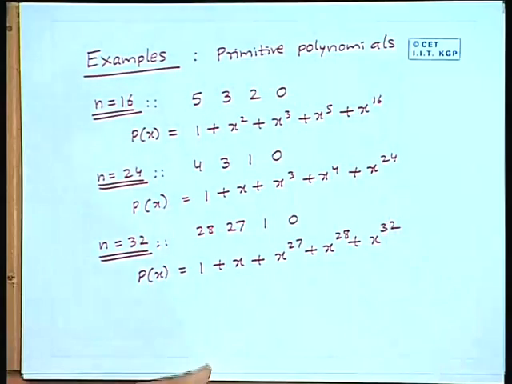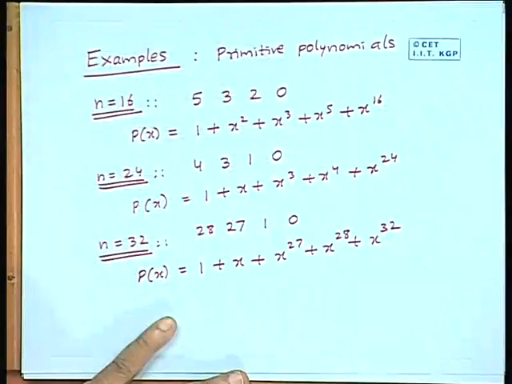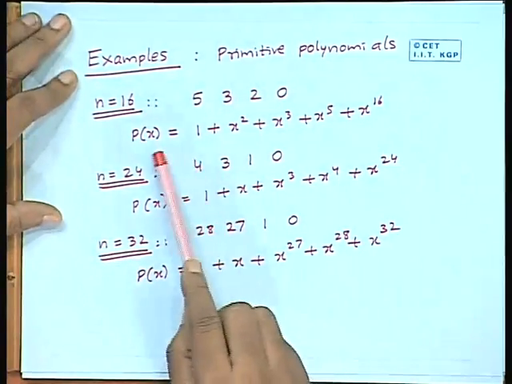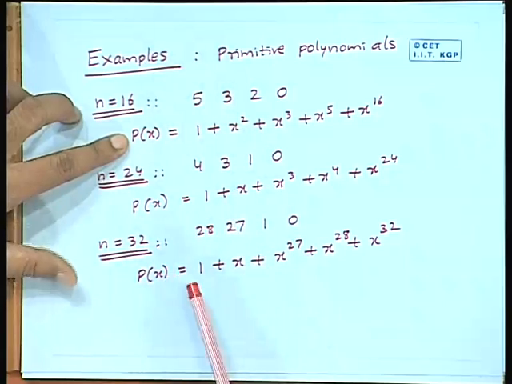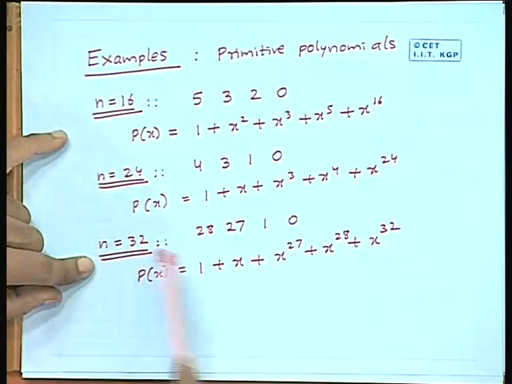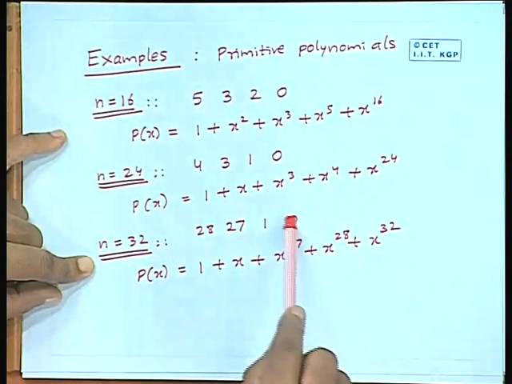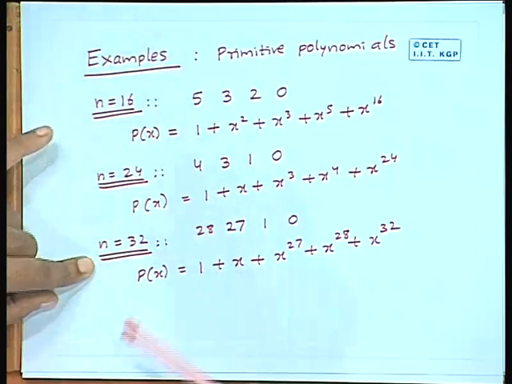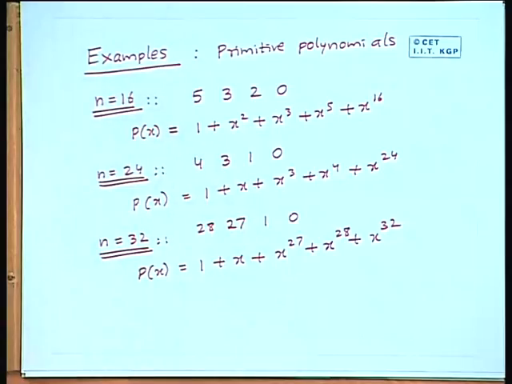So, the idea is that you select the number of bits of the register first, how many bits you need, then you select a primitive polynomial. Once you have the polynomial, you construct an LFSR with so many flip flops and you take the feedback points from these flip flop numbers, compute the XOR and feed it back. So, it is a fairly simple process. So, if you construct an LFSR like this, you will get a structure which can generate very good pseudo random patterns as per your requirements. Okay.